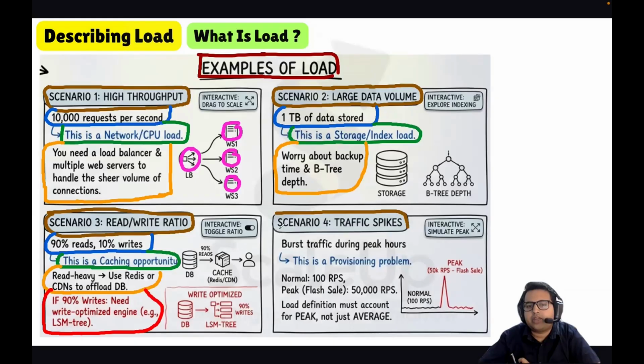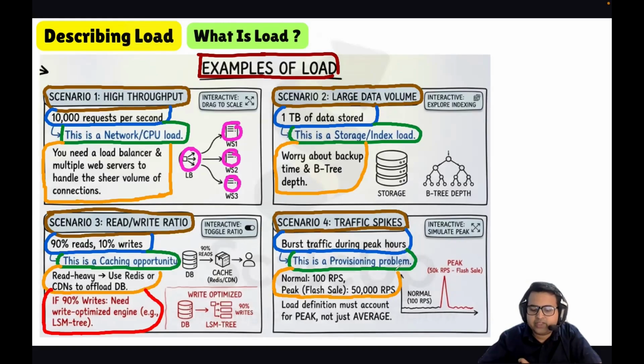So we are talking about an example of a load wherein traffic spikes, like burst traffic during peak hours. This is a provisioning problem. Usually, in the normal scenario, it is 100 requests per second, but during the peak time, it may get 5000 requests per second.